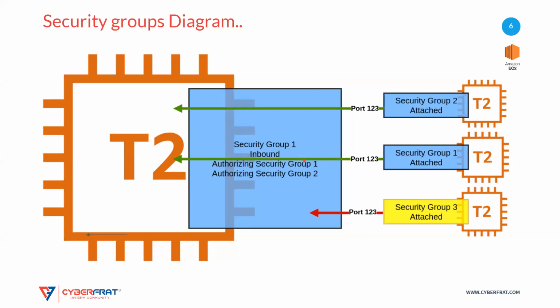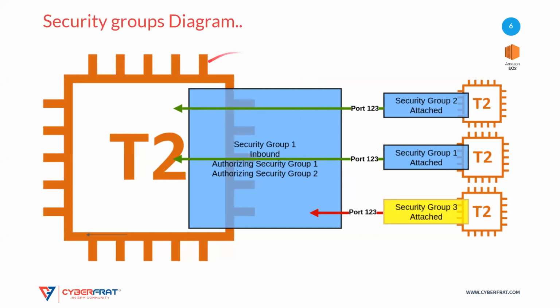So you can also mention another security group in a security group. I know this is confusing, but when we demonstrate this, it would be much clearer to you. So you can attach a different security group to another security group.